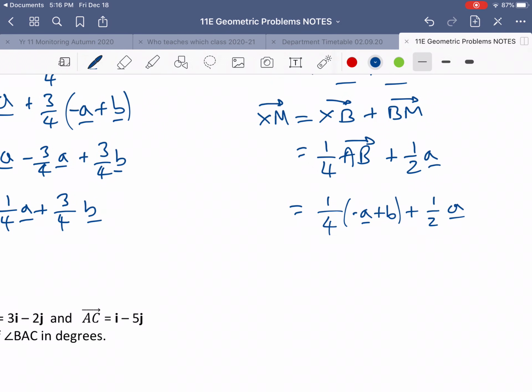So we then expand this out. We have negative a quarter A plus a quarter B plus a half A. Tidying all that up, you get negative a half A plus a quarter B by collecting the like terms.